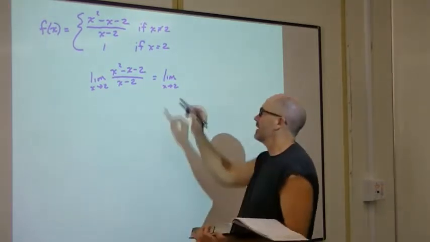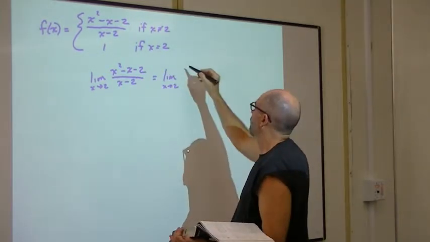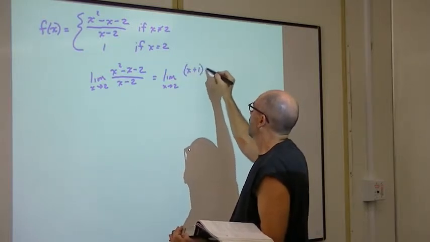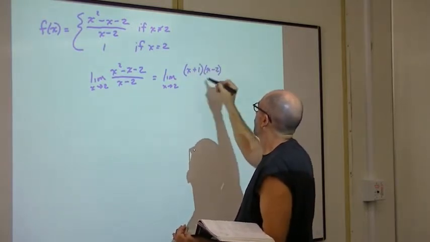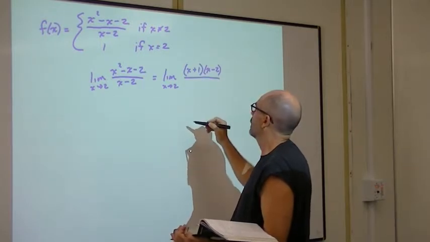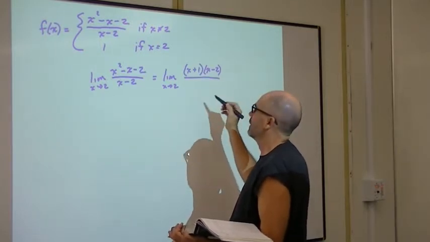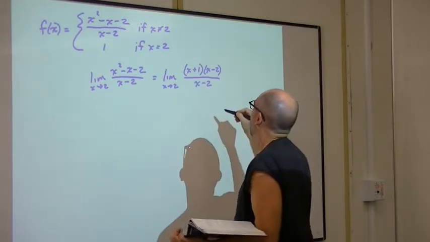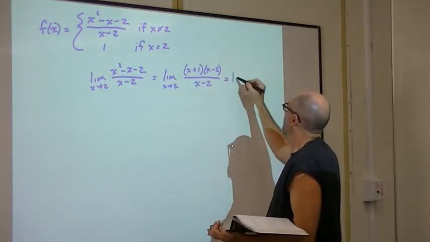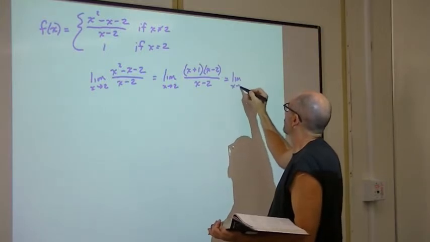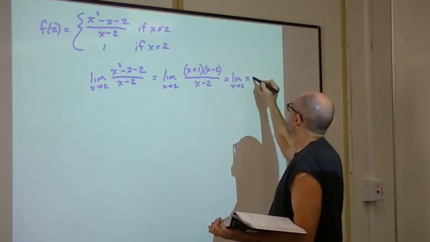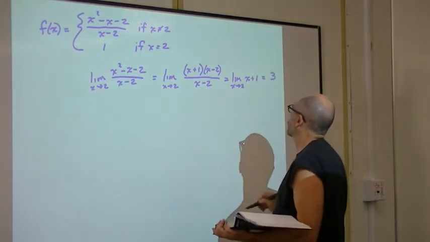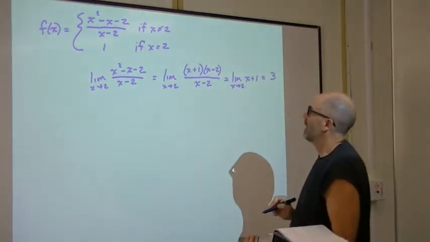What multiplies to get negative 2 and adds to get negative 1? It's x plus 1 and x minus 2. So this equals the limit as x approaches 2 of just x plus 1, which would equal 2 plus 1, which is 3.